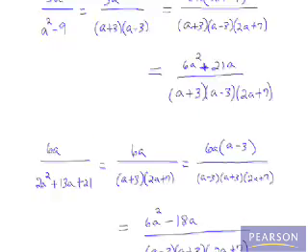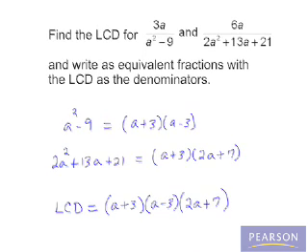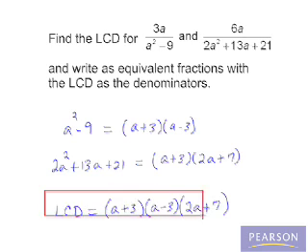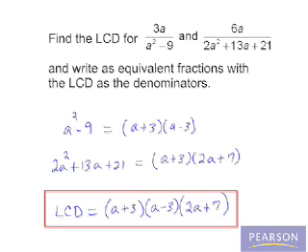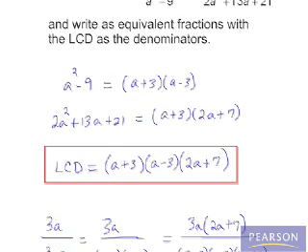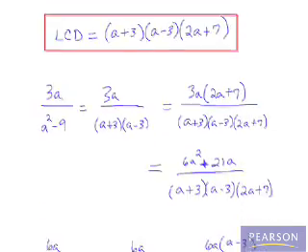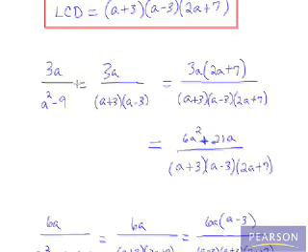So the final answers to this problem: we had a two-part problem. They first wanted us to determine the least common denominator, and we did that here: a plus 3 times a minus 3 times 2a plus 7. Then we went back and rewrote each fraction as an equivalent fraction using our least common denominator.